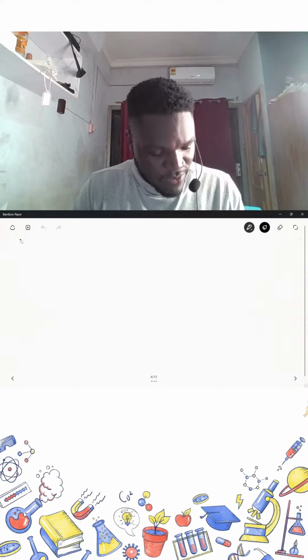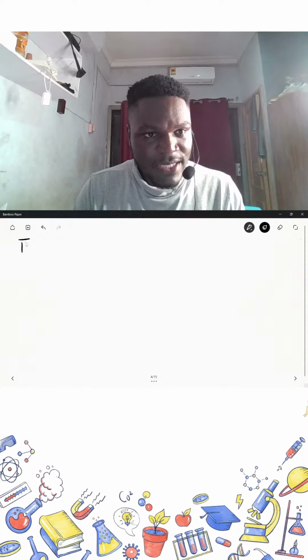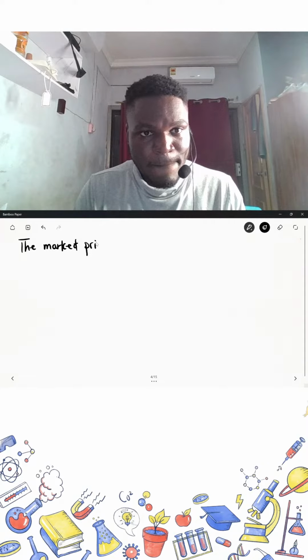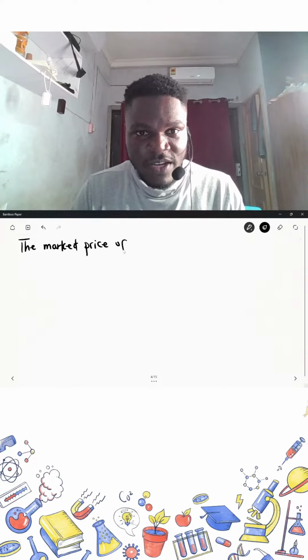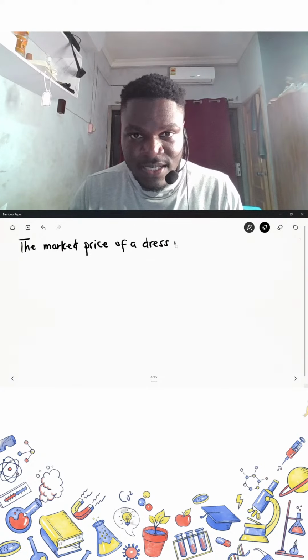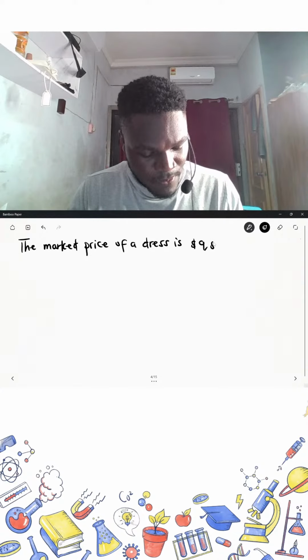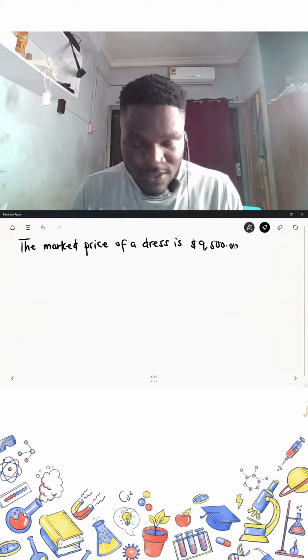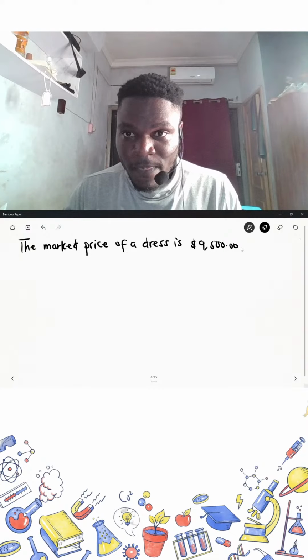All right. So we have here the marked price of a dress. The marked price of a dress is $9,500.